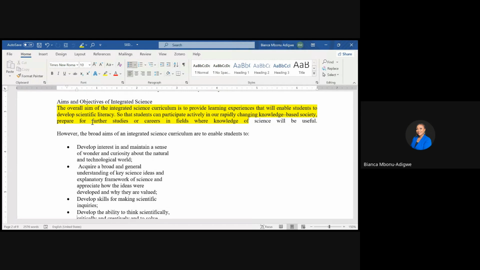We teach integrated science to provide the basics, just like Collins said, to introduce the basics of science to students from a young age, preparing them for our society that is changing every which way, preparing them for further studies, and for careers in areas where knowledge of science will be useful.